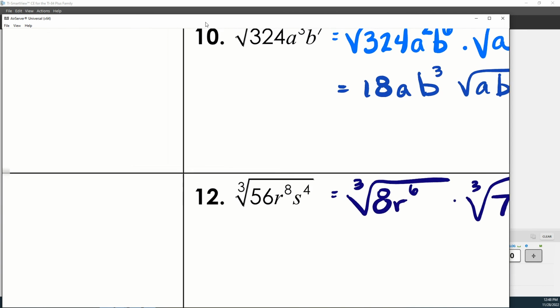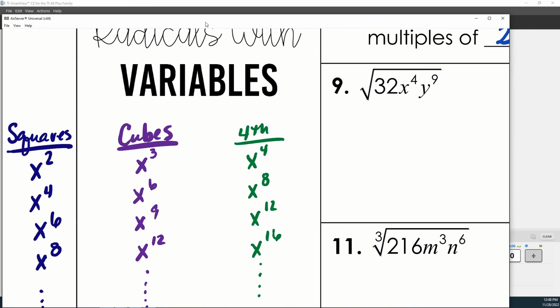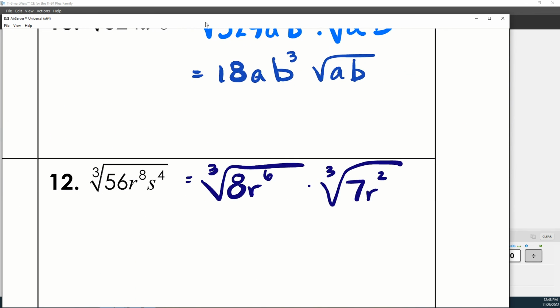Okay. Then we have S to the 4th. I want to get as close to 4 without going over. That's going to be the 3rd. And then I need one more S to get S to the 4th. Okay. And then the cube root of 8 is just 2. And then for these, we're dividing.